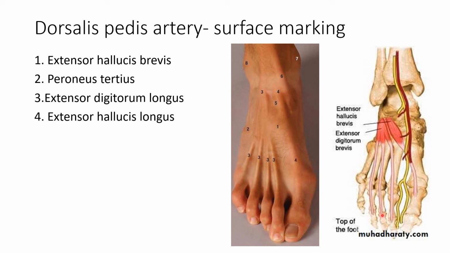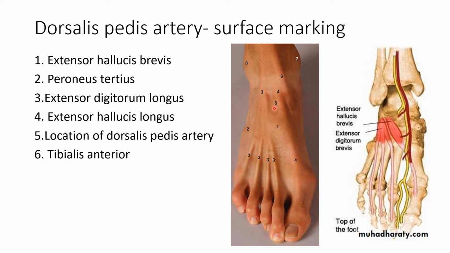Then the extensor hallucis longus for the great toe. This is the location where you can feel for the dorsalis pedis artery in relation to the navicular bone, the tibialis anterior, the medial malleolus and the lateral malleolus. Then you can see the course of the dorsalis pedis artery and its termination.